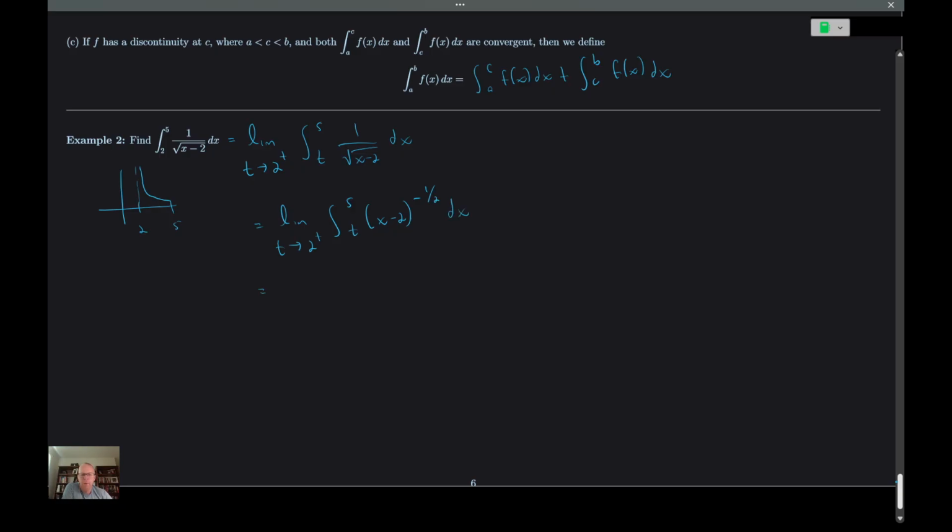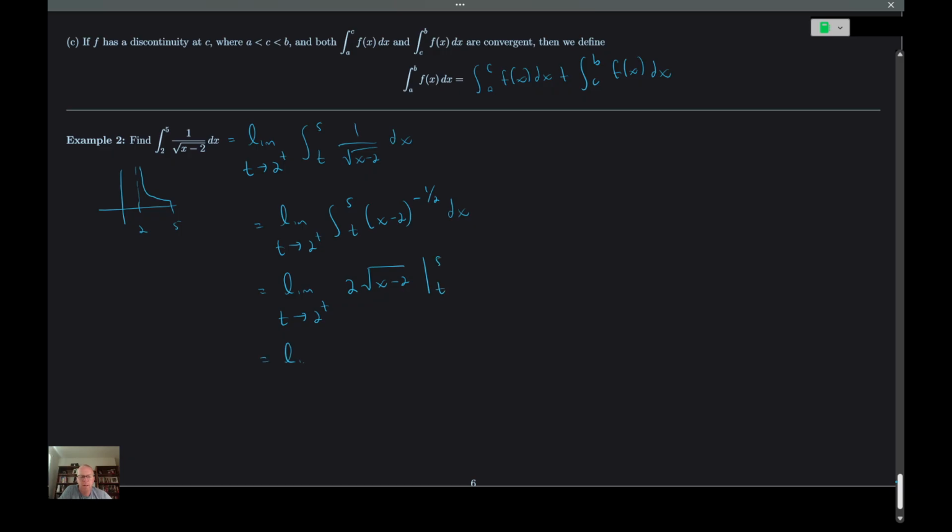And then we'll just add 1 to the exponent, divide. So we don't have any squares, nothing complex here. So we have the limit as t approaches 2 from the right. And we end up with 2 square root x minus 2 evaluated from t to 5.